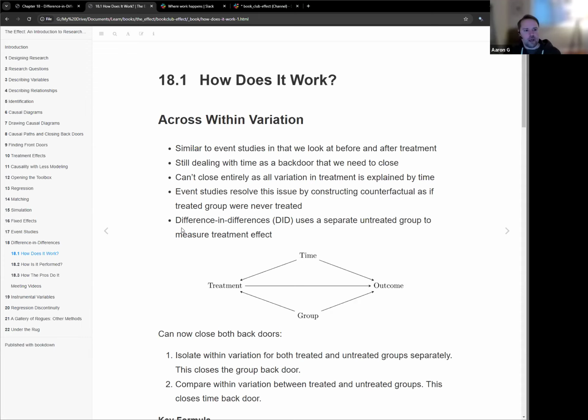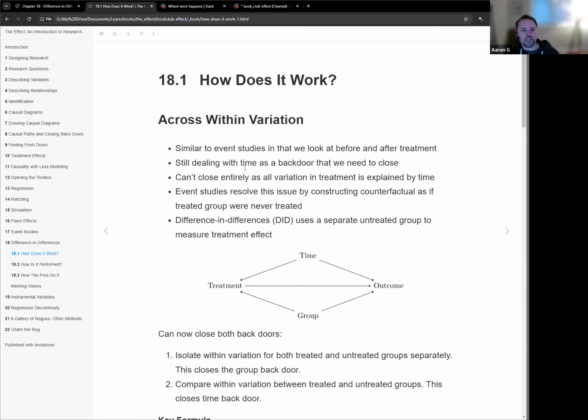And so I would call this method part of what I'm familiar with in the universe of interrupted time series. It's a similar concept to event studies that we discussed last session.